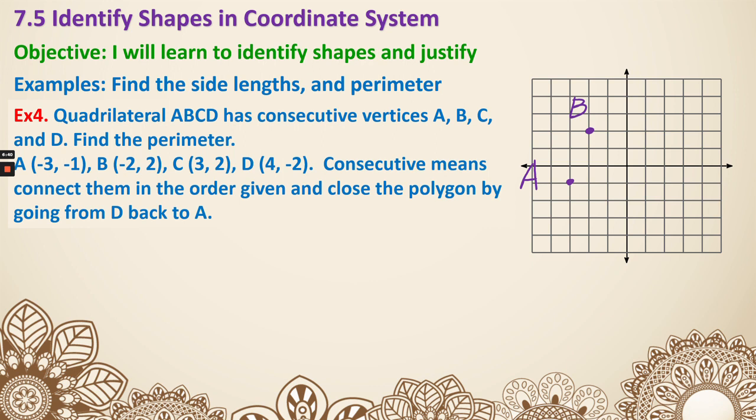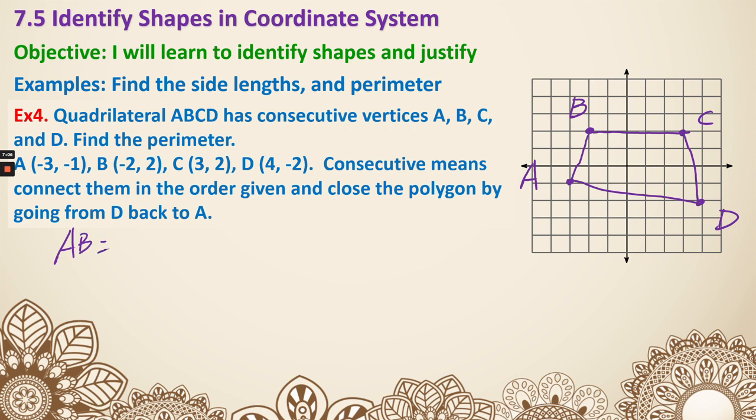My C is 3, 2. My D is 4, negative 2. So consecutive means connect them in the order given: A to B, B to C, C to D, and then D back to A. There we go. And now we can find each side.